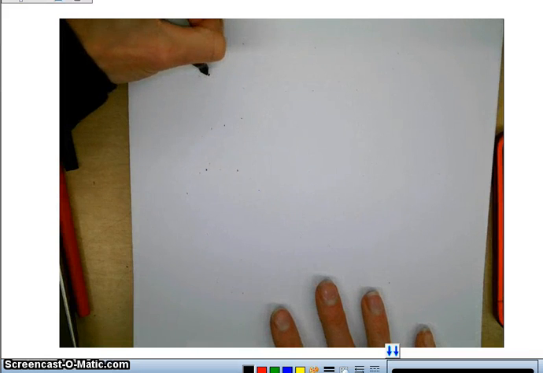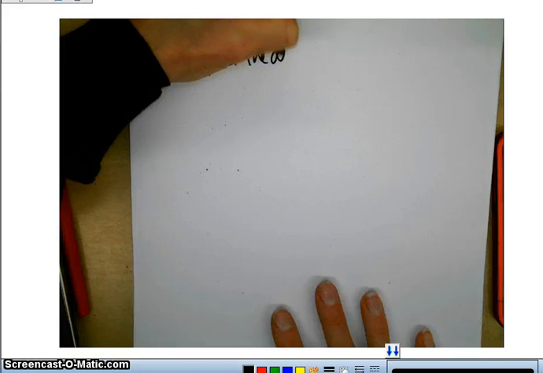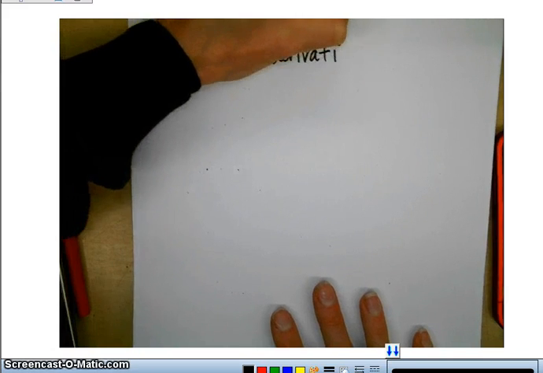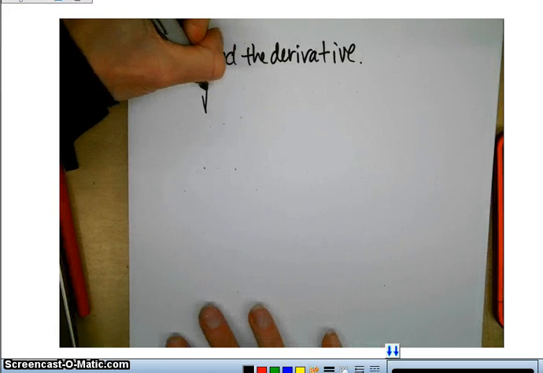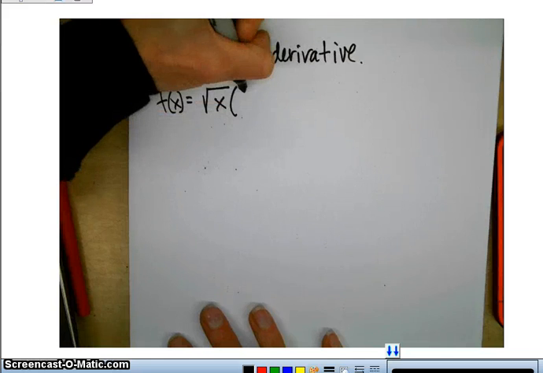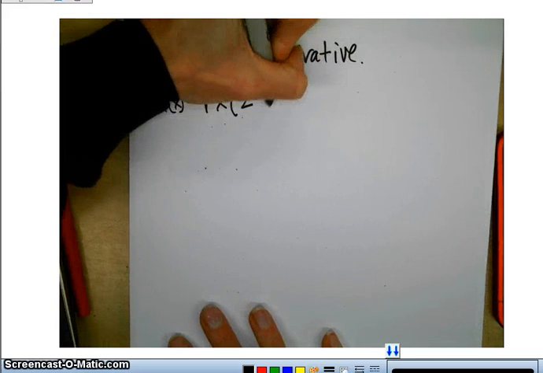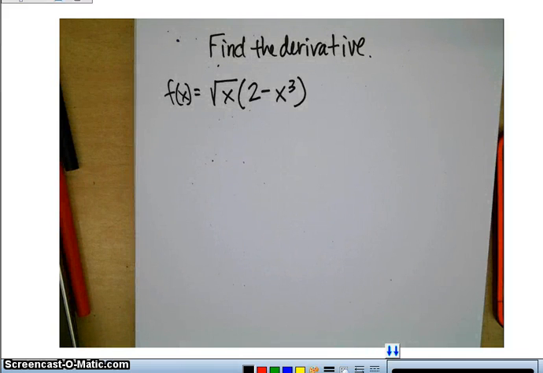Let's say I'm going to find the derivative. Find the derivative. And let's say f of x is the square root of x times 2 minus x cubed. Then we have to do a triple product rule.